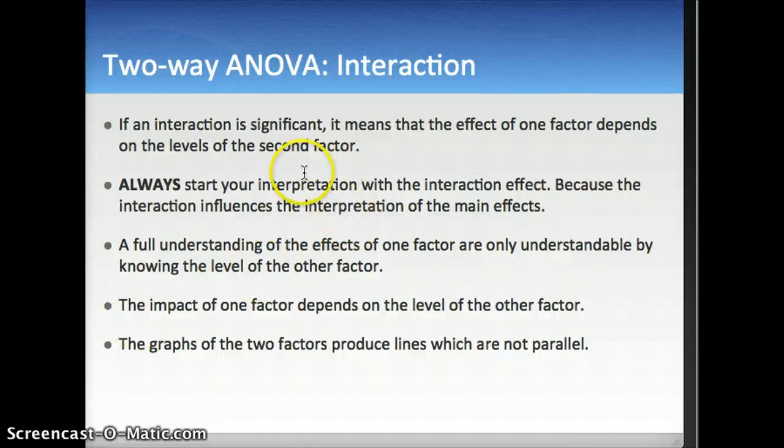Now, in the two-way ANOVA, if the interaction is significant, it means that the effect of one factor depends on the levels of the second factor. We always want to start our interpretation with the interaction effect, because it influences the interpretation of the main effects.